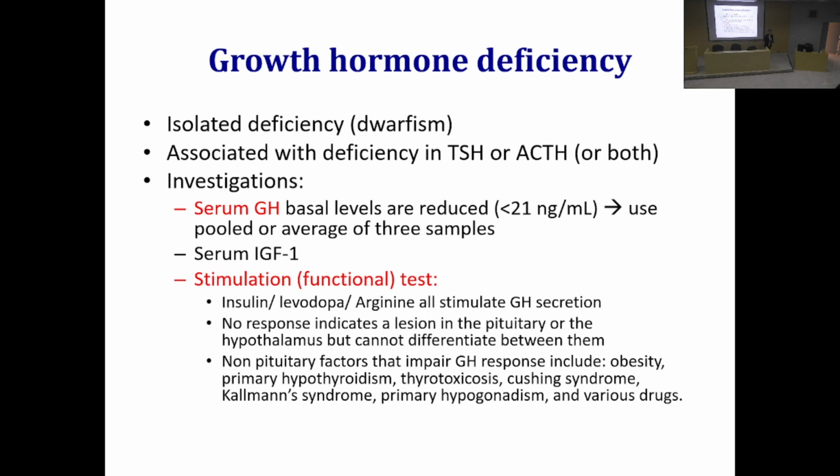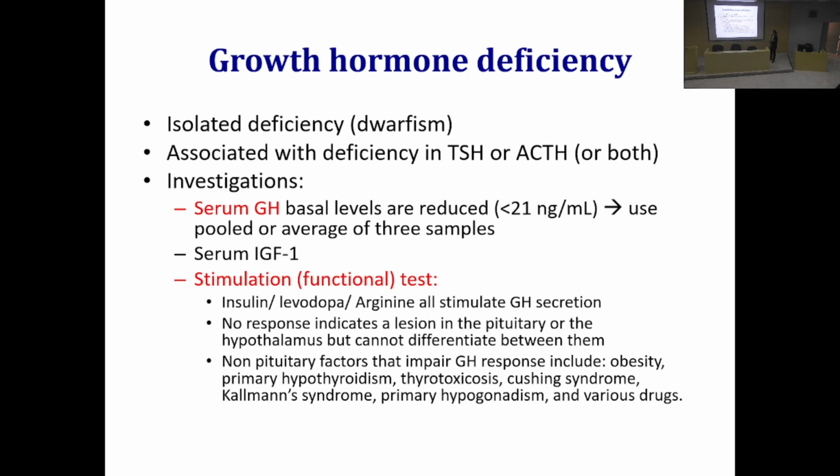You can imagine that there are complications as well from rapid hypoglycemia, especially in children. You don't want to induce another complication. So this potentially could be less favorable, but all these are ways in which you can stimulate growth hormone release.